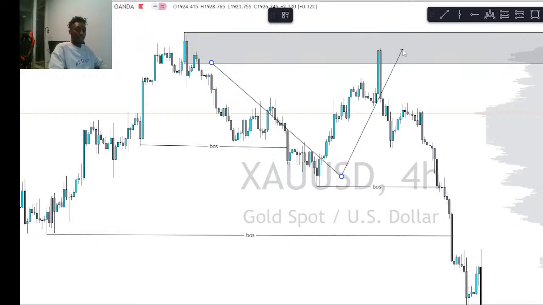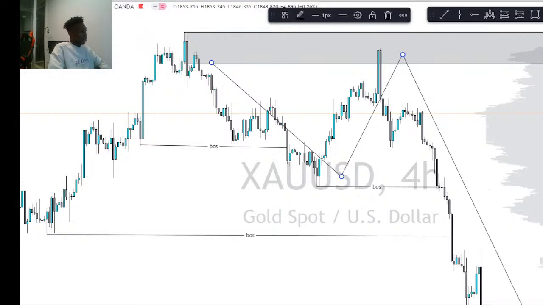After testing that supply zone, that's where you should have caught the sell on gold. You could have entered here and then exited whenever the market taps into the untested fair value gap. You understand?